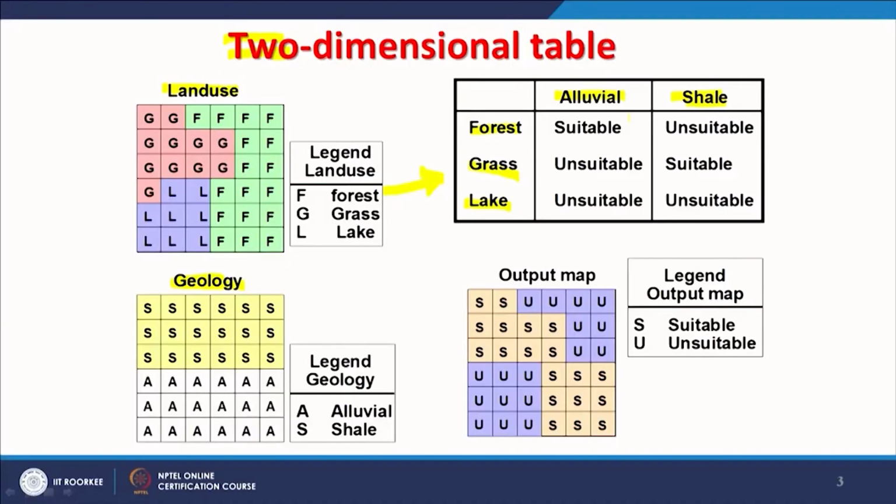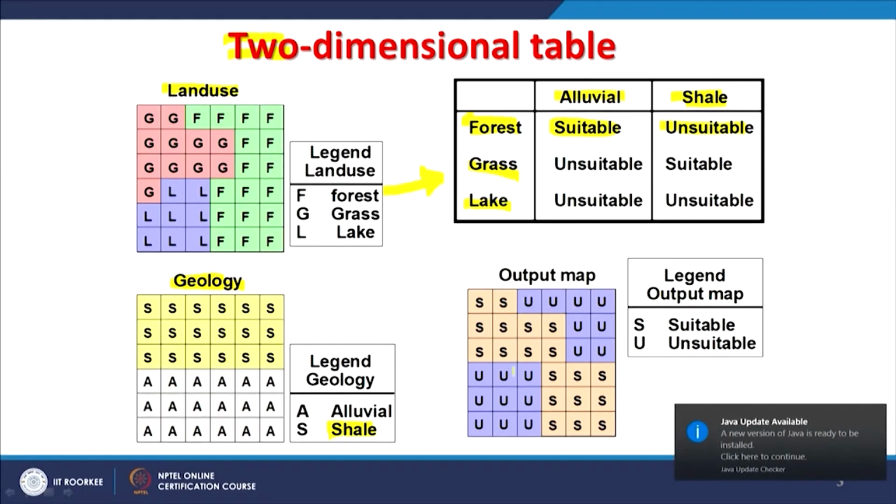For example, if we are looking for areas where we require alluvial deposits as soft sediments, and also forest, then if both are satisfied, we get a suitable condition. But if we have a different lithology, like shale, then though it is forest, it is unsuitable. So we can create a table and call it a suitability table, where it is satisfying our conditions, and we can display the same thing in the map.